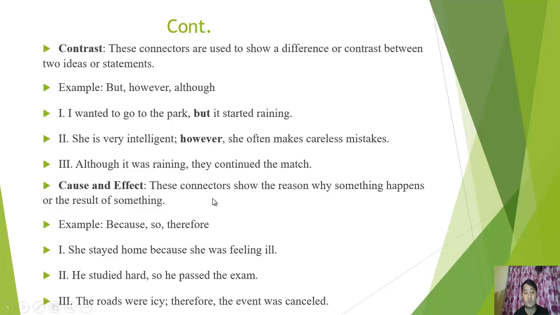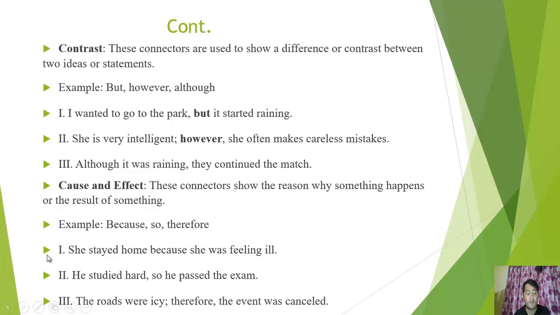These connectors show the reason why something happens or the result of something. So this cause and effect will help us to show the reason why something happens. It's going to reason out. So let us see some sentences of because, so, therefore.